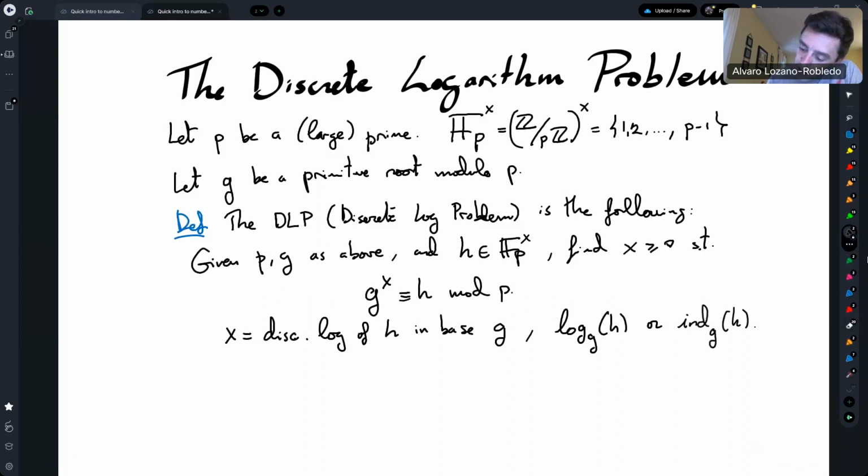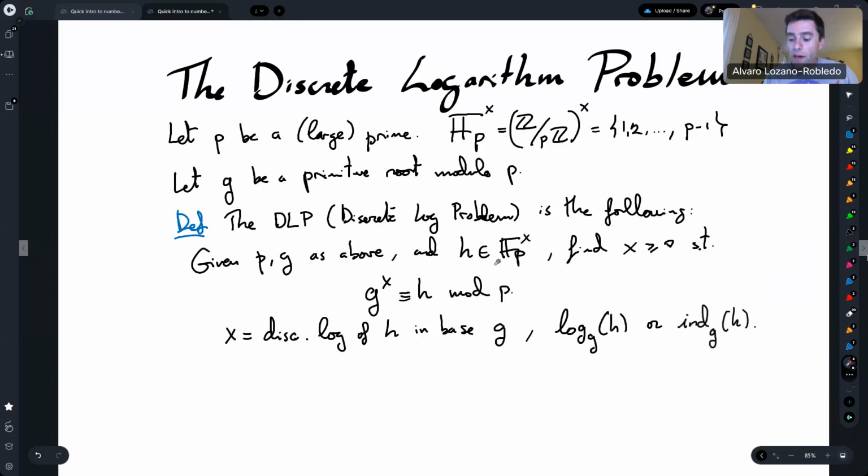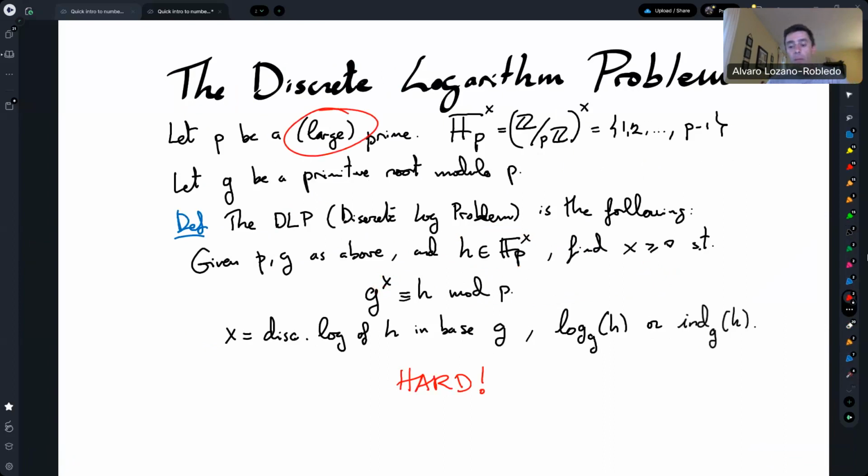So it's the index of H in base G. Remember that when there are primitive roots, all the units are powers of G. So if I take any unit H, there has to be a power of G that gives me that H. But finding that x is hard. So for large primes, this is a very hard problem. And again, there are cryptographic methods that are based on the fact that this is a hard problem to solve.